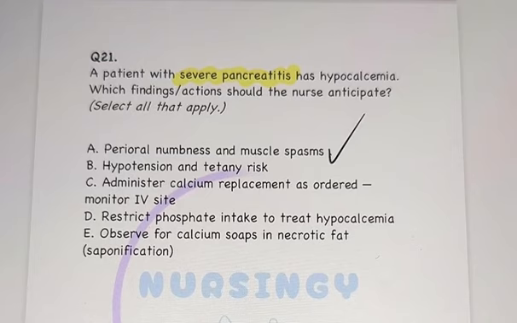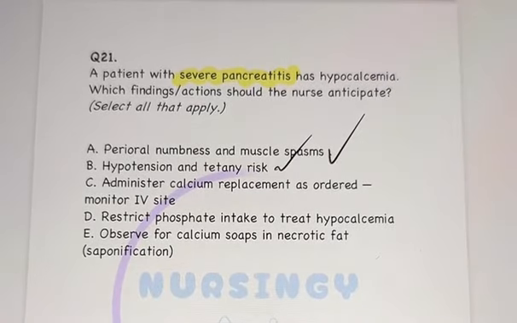What about B, guys? Hypotension and tetany risk. Is B correct? Yes. B is actually correct, guys.